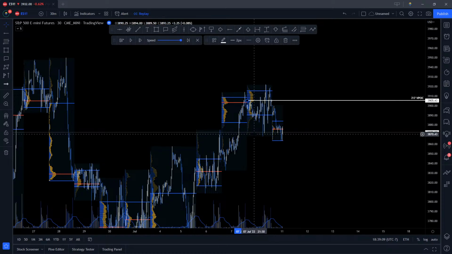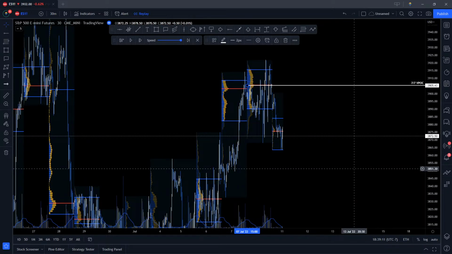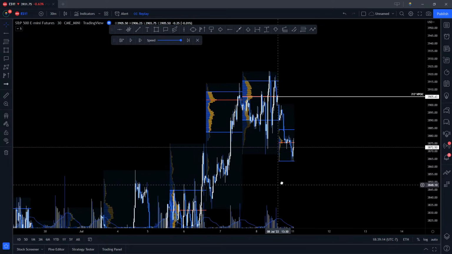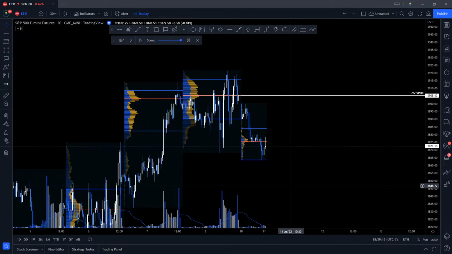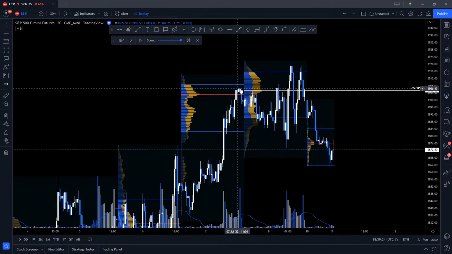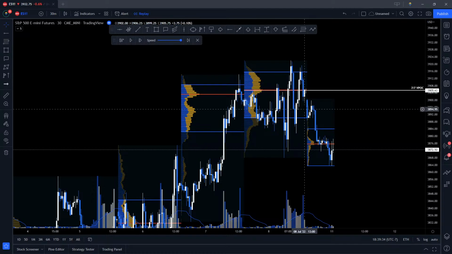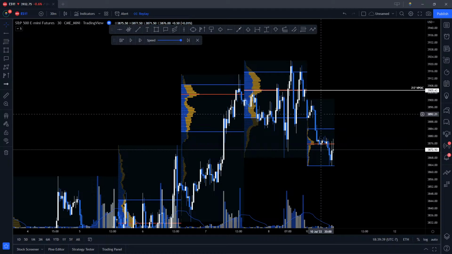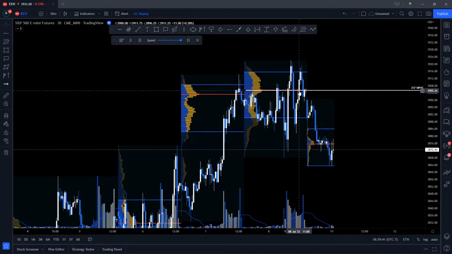And what that is, basically on a day where a POC is formed, so like today, or at this day we're looking at, because it's the largest area on the chart where the largest volume was traded, on the day that a POC is formed, it's going to get touched a lot. But once the day ends and the next day opens, as long as this line has not been touched again, it becomes a virgin point of control.